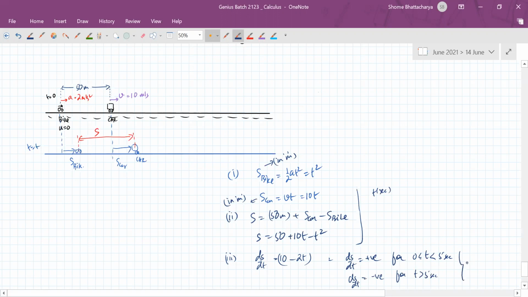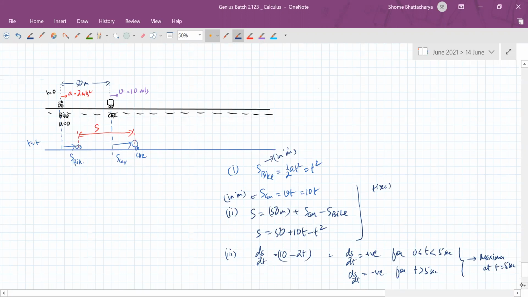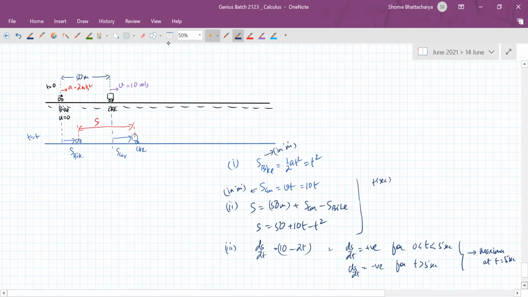Okay. So therefore, it has a maxima at t equal to 5 seconds. So we analyze the graph now.